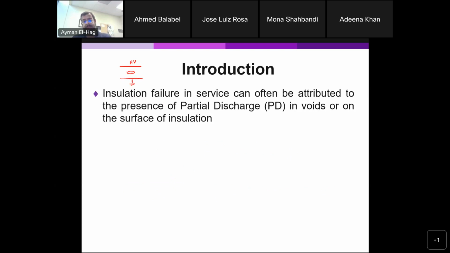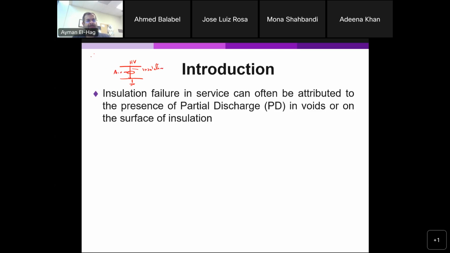The reason why we have an enhancement in the field inside the air voids in the insulation system is that the electric field follows the flow between different materials. This is dielectric material or insulation, and here we have air.